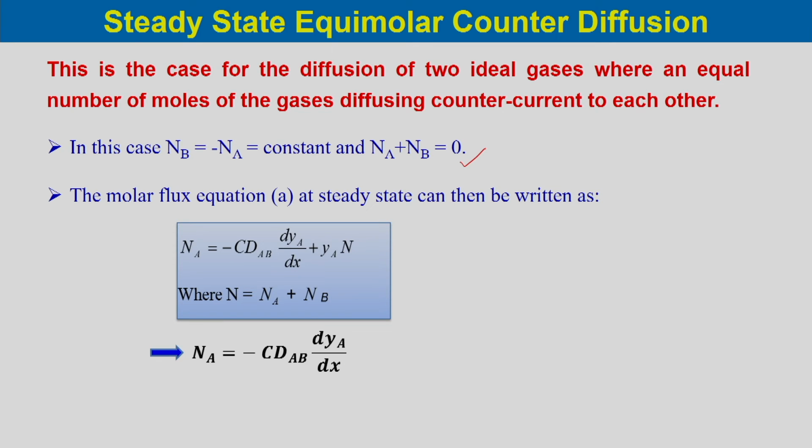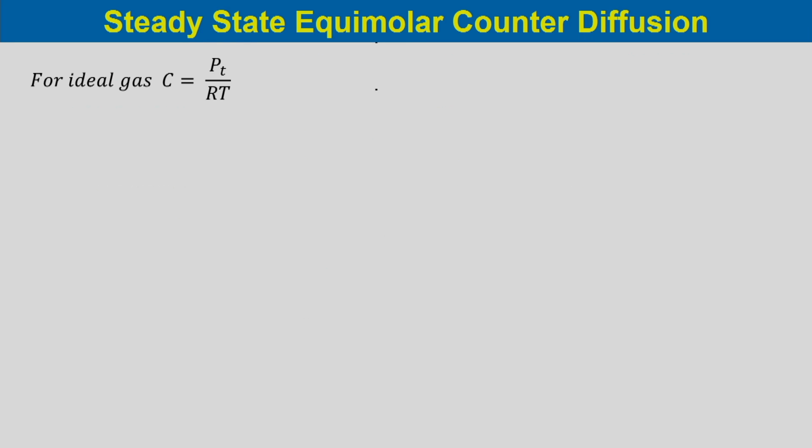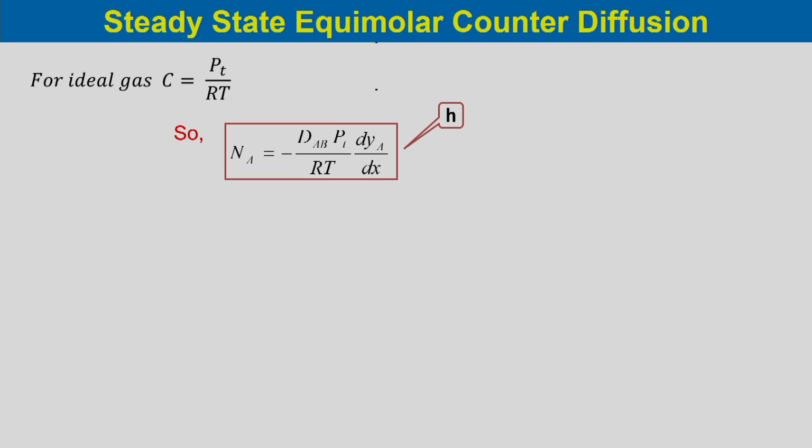So, if we substitute that N is 0, we will get N_A equal to minus C D_AB dy_A/dx. Now, for an ideal gas, the concentration is equal to total pressure P_T divided by RT, where R is the universal gas constant and T is the temperature. So, we can write N_A equal to minus D_AB P_T by RT into dy_A/dx.